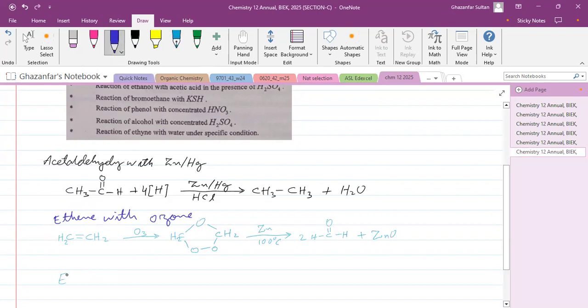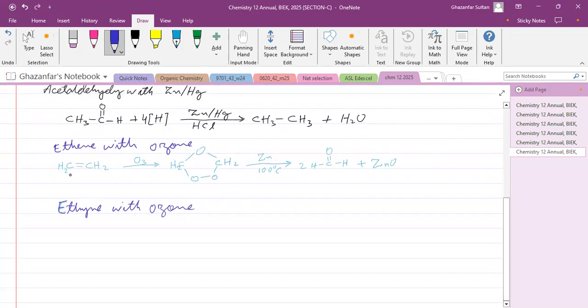So the reaction should then be ethyne with ozone. What is the difference? You can see here when ethyne or acetylene reacts with ozone, then the ozonide is a little bit different.